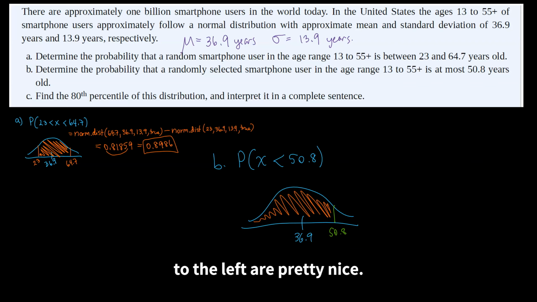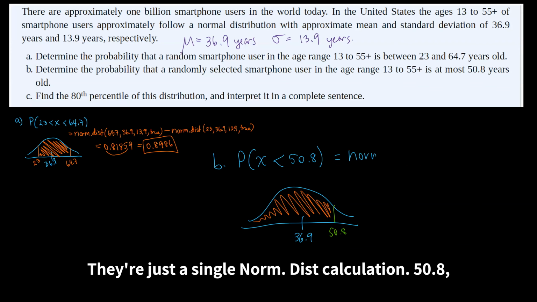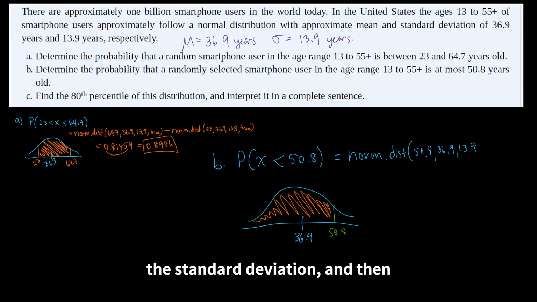And areas to the left are pretty nice. They're just a single norm.dist calculation. 50.8, the mean, the standard deviation, and then true at the end.